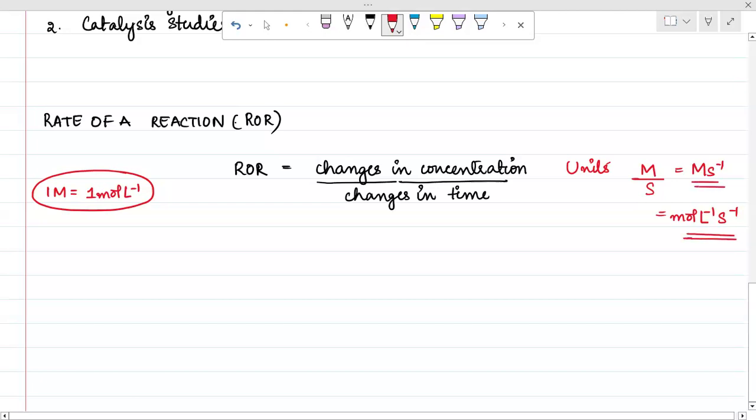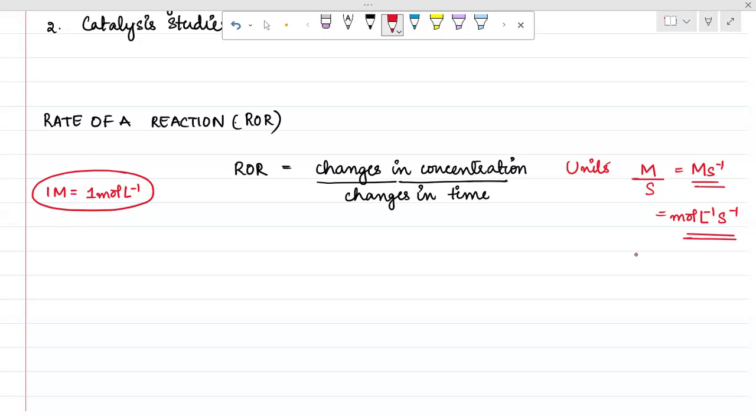Now, this is the case when you have systems under aqueous conditions. For example, you have aqueous suspensions. Aqueous suspensions means where you have certain chemicals that are dispersed in water or any other solvents that are liquid in nature. Therein you can calculate the volume and you can calculate moles per liter per second.